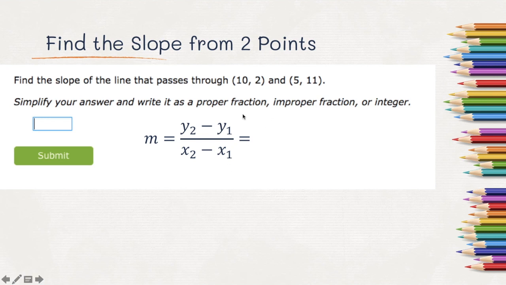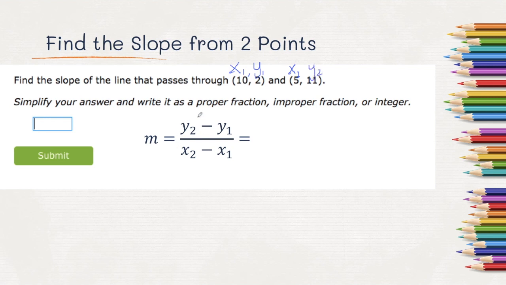Well, that's up to you. As long as you remember from coordinate points that the first one is x, second one is y. It doesn't matter which one you call 1, which one you call 2. I usually just like to call the first one 1 and the second one 2. So x1, y1 for 10 and 2, and x2, y2 for 5 and 11.